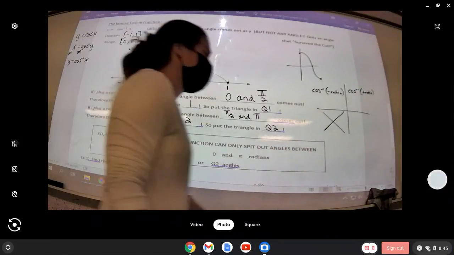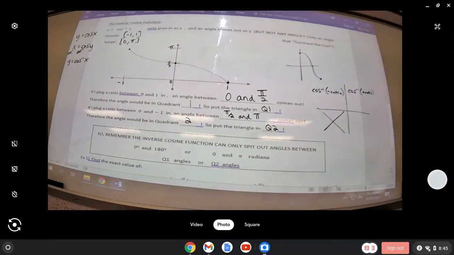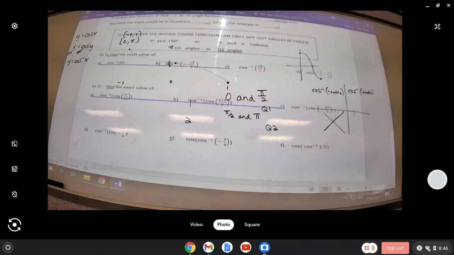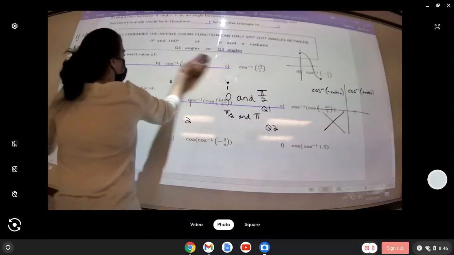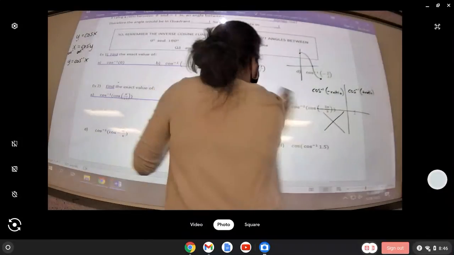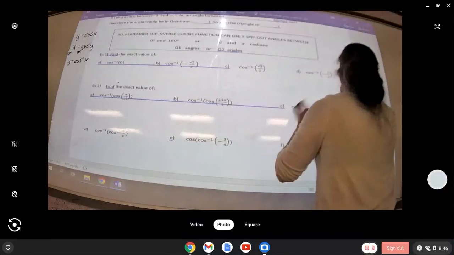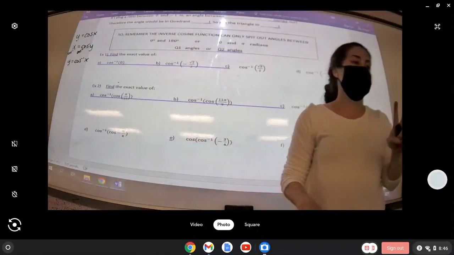All right, let's try some problems. All right, so guys, you know 2 inverse functions right now.